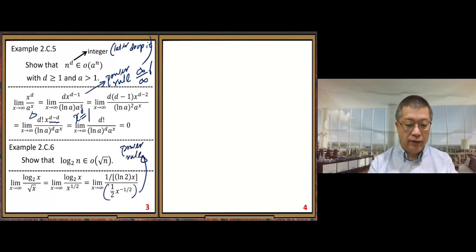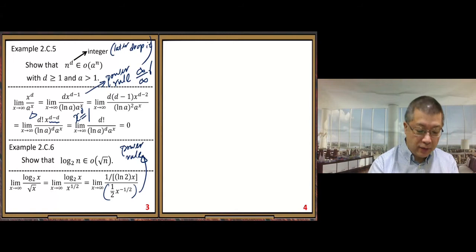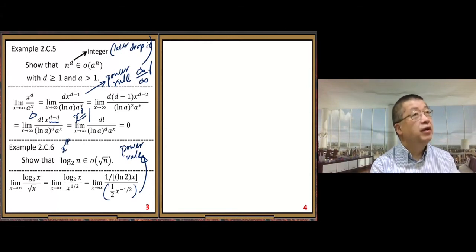Okay, power rule, yeah. If the exponent could be positive, negative, even positive, negative, you can use it, okay? Yeah, but not 0, okay?